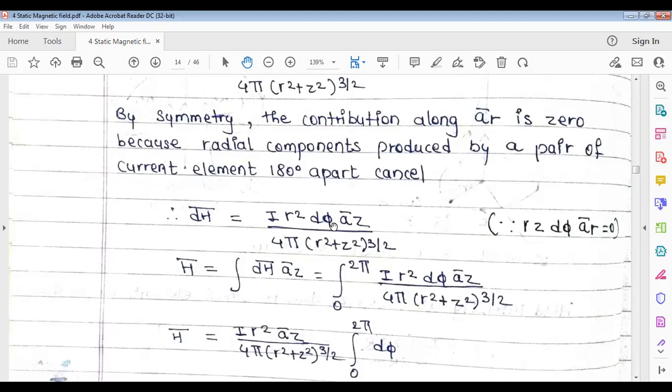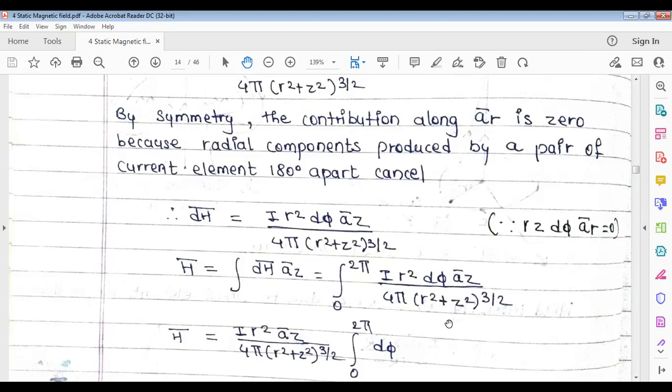Correct. So phi varies from 0 to 2 pi. It starts from the x-axis and ends at the x-axis only, and this angle is along the positive z-axis, meaning everywhere this angle is the same on the z-axis. So we are taking the limit from 0 to 2 pi.